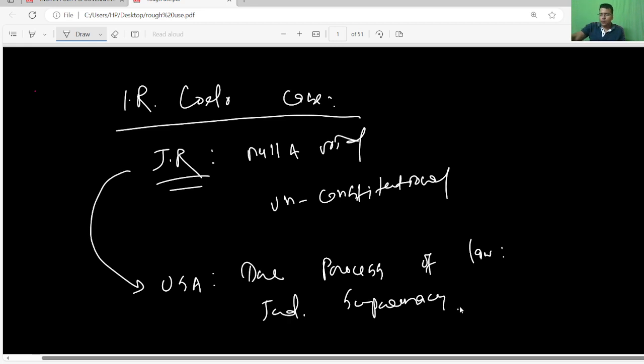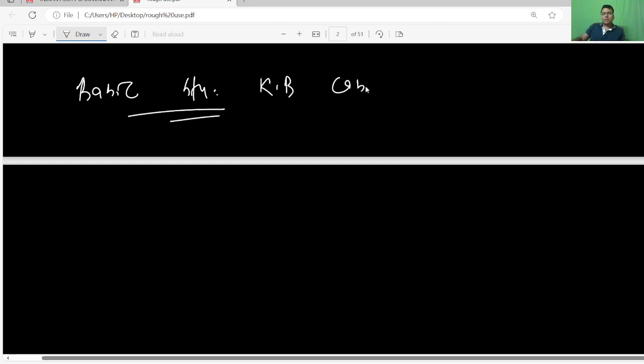So what happened? The concept of basic structure came in the Kesavananda Bharati case.